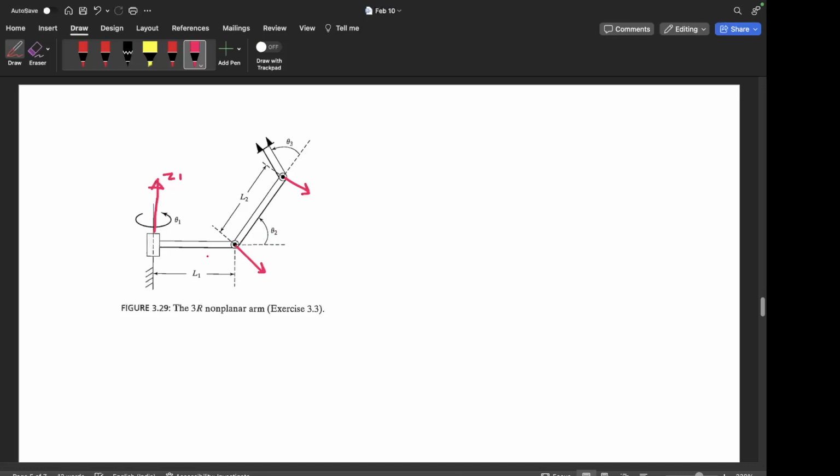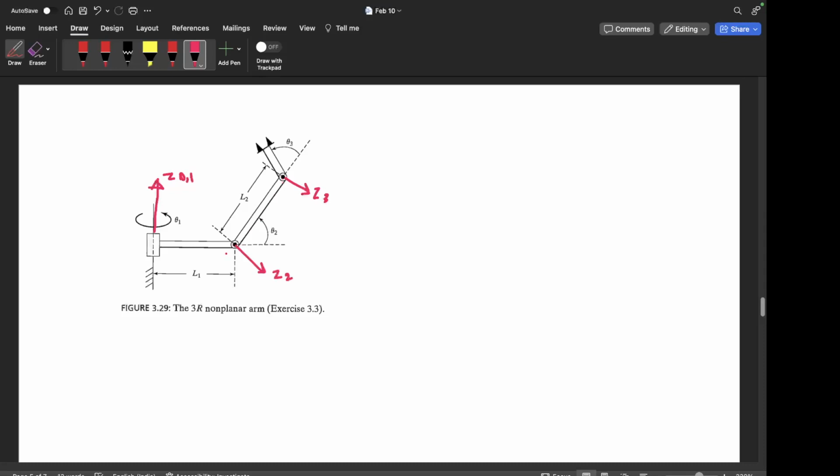So this is z1, and z0 is also there, this is z2, and this is z3. As you would imagine, when theta 1 changes, this manipulator will move out of the plane of the paper.